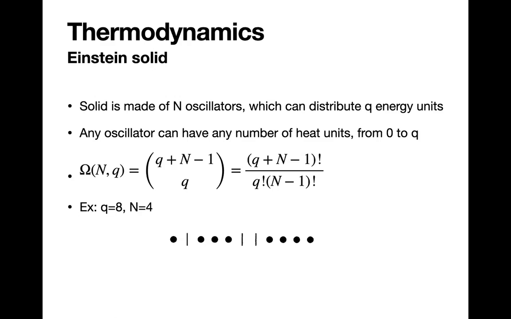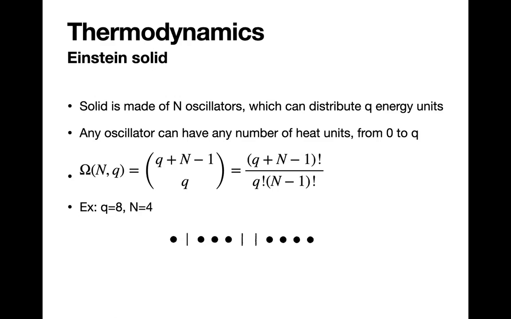So if we have n different molecules, whatever they are, and we have q different units of energy to distribute around them, let's just make it concrete. If we look at the bottom, if we have 8 different energy units and 4 different oscillators to put that in, a microstate could be 2 units of energy in each of the 4 oscillators, right?